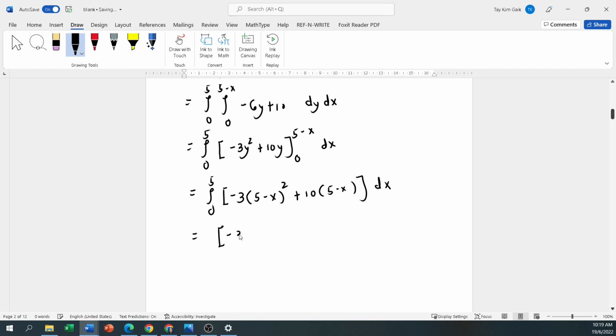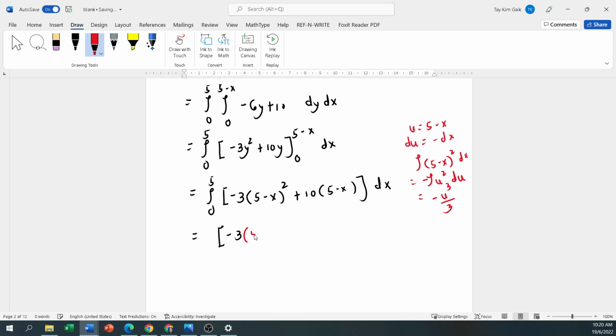This will be negative 3, using u equal to 5 minus x, so du equal to negative dx. So the integral of 5 minus x squared dx, you will have the integral of u squared, with dx equal to negative du, so you get negative u cubed over 3.